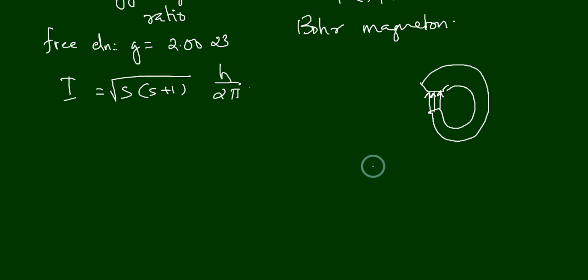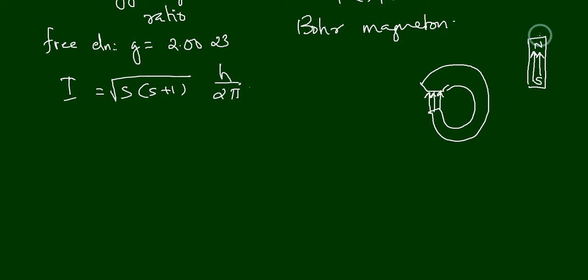Generally, the magnetic lines of force inside the magnet are from south to north. So if you are considering a bar magnet here, and this is the south pole and this is the north pole, conventionally we take the direction of the lines of force inside the magnet as from south to north.